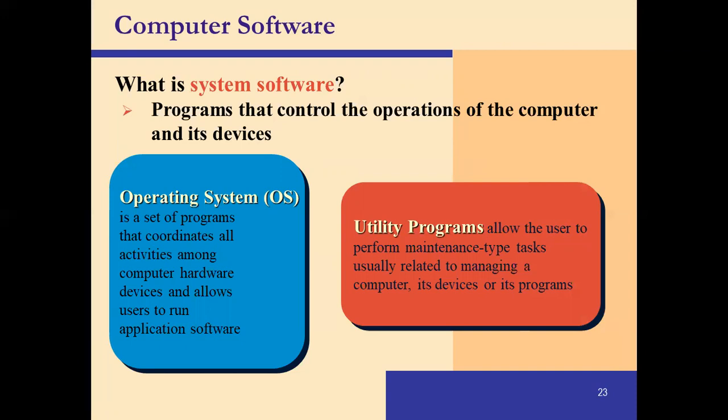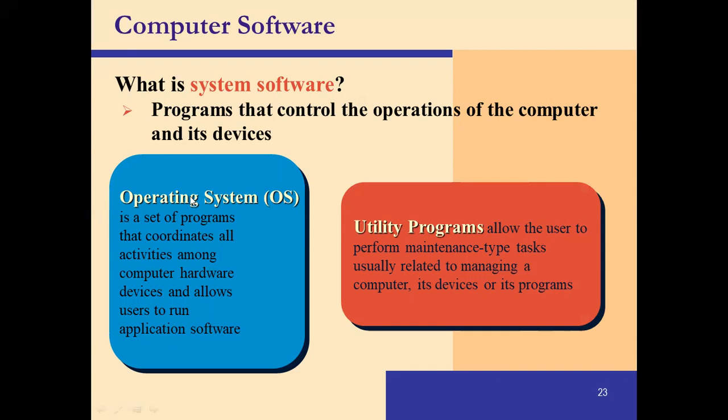These are operating systems besides Windows. Windows is the most commonly used, and Mac OS is most commonly used on Apple devices. So system software is a program that controls the operation of the computer, what sort of operations the computer should perform and how it uses the devices connected to it. These are decided by the system software.